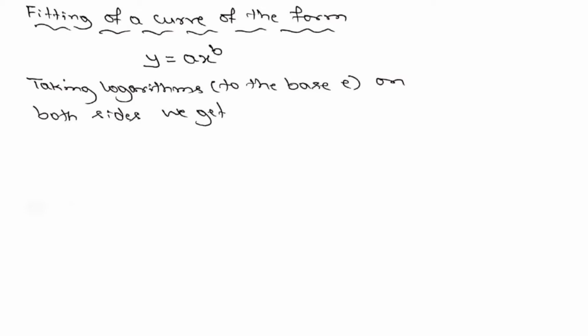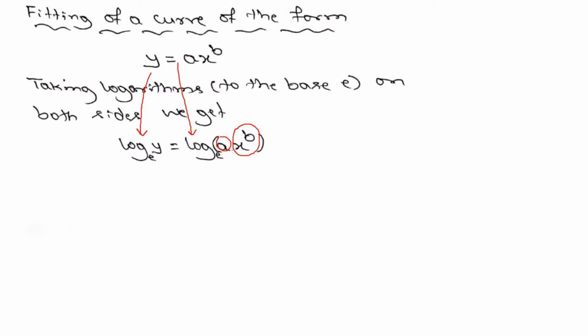For that we have to take the log on both sides, taking logarithms to the base e on both sides. We have applied the log on LHS as well as on the RHS, and now we already know the property of logarithms, which says log of m into n is log m plus log n.